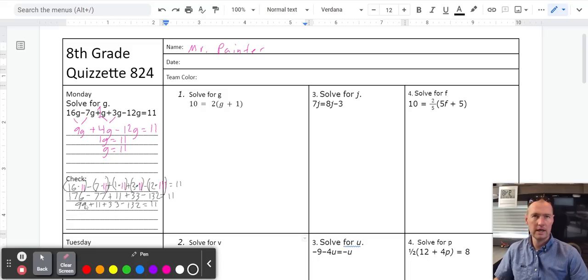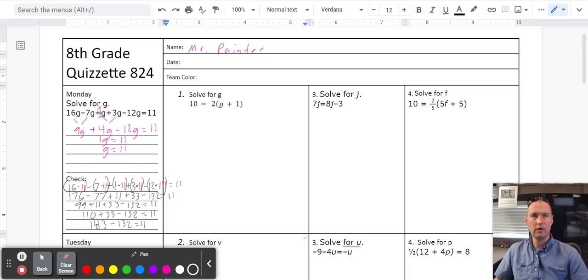Next up, we got 99 plus 11 is 110, plus 33 minus 132 equals 11. Next up, we have 110 plus 33. Ooh, 110 plus 33 should be 143, minus 132 equals 11.